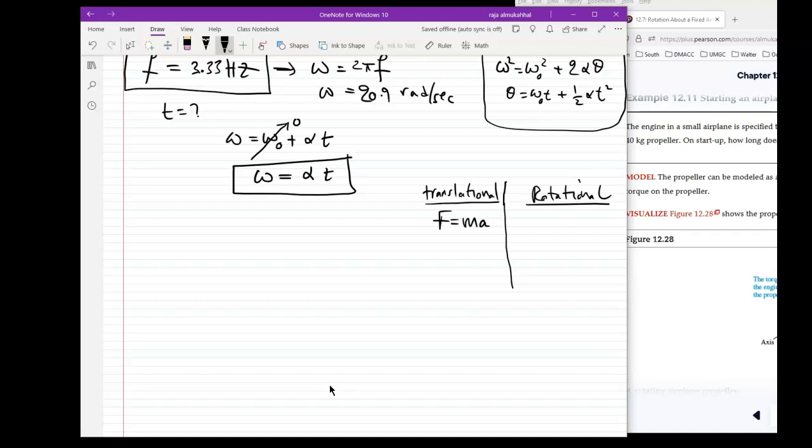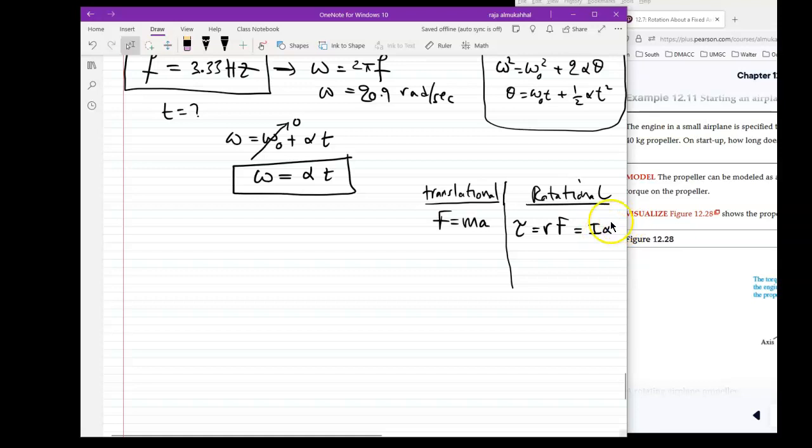For rotational motion, we said that tau is equal to Rf, okay? Rf here, think of it like a force, the force part. But as a result of this torque, we will have a rotational motion. That rotational motion is equal to I alpha. I here is moment of inertia, and alpha is the angular acceleration.